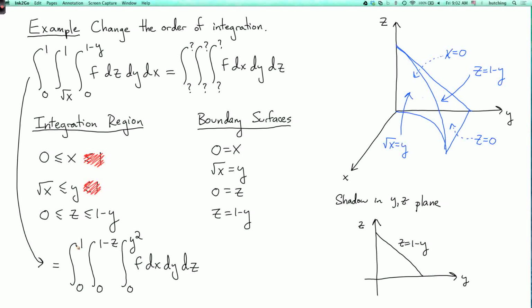For a given z, y goes from 0 to 1 minus z. So that's this line here. So y is going from 0 to 1 minus z. And then the innermost integral tells us that for a given y and z, x is going from 0 to y squared. So we can see that in the picture here. It starts at the back where x equals 0 and comes to the front where x equals y squared.